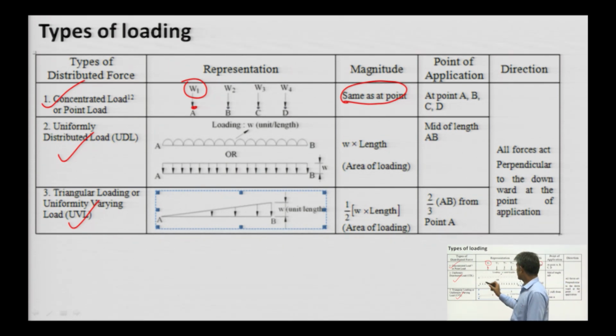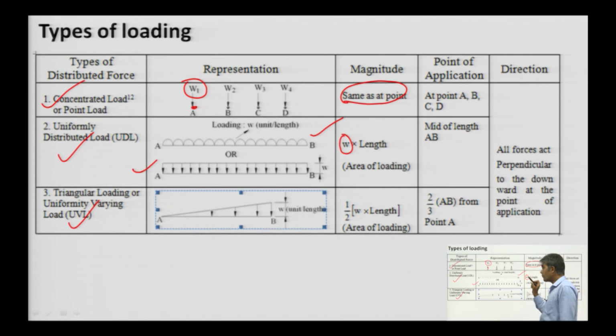Uniformly distributed force can be represented either in this fashion or in this fashion, both are same. What will be its magnitude? Its magnitude will be UDL, W. Its unit is kilonewton per meter or Newton per meter, force per unit length.